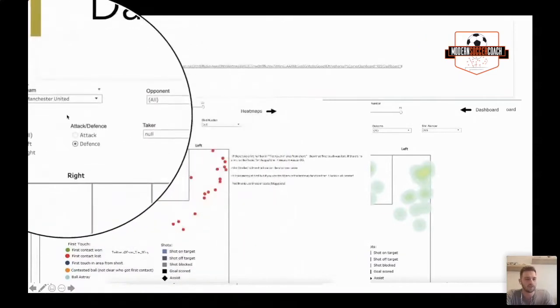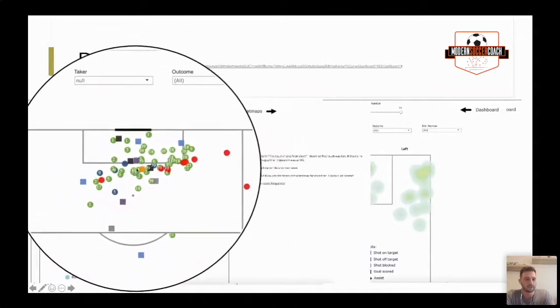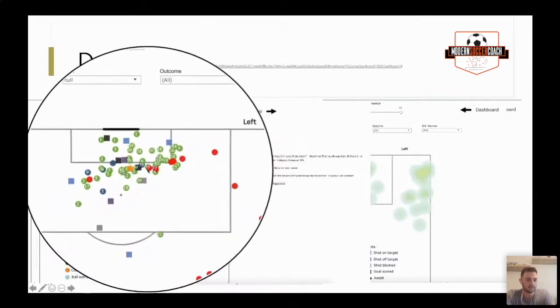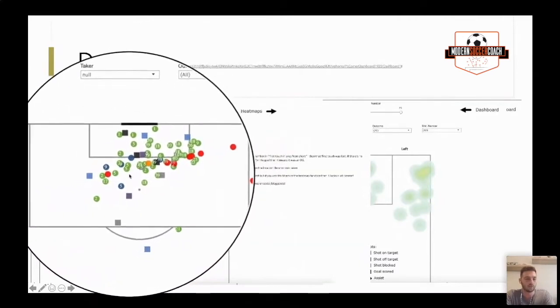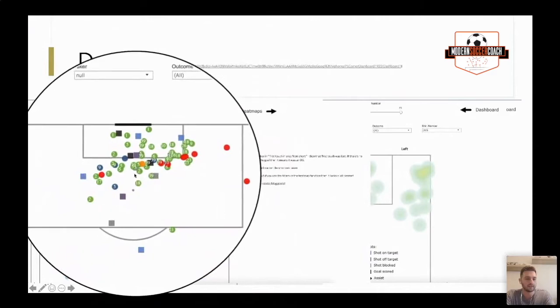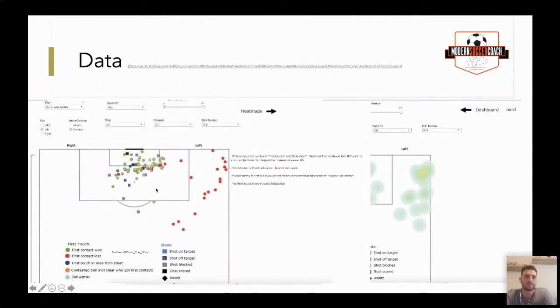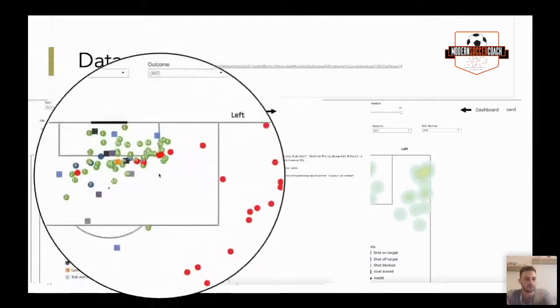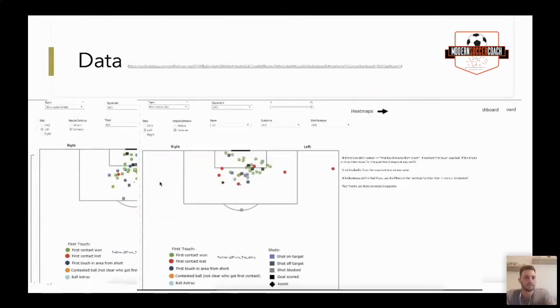From Manchester United, what we can see is that they lose the first contacts a lot at the near side, and they concede a lot of or more shots in front of the 6-yard box at the center, which might mean that their blocking scheme, or the way they try to slow down attackers, especially in this zone at the center, is not the most optimal.